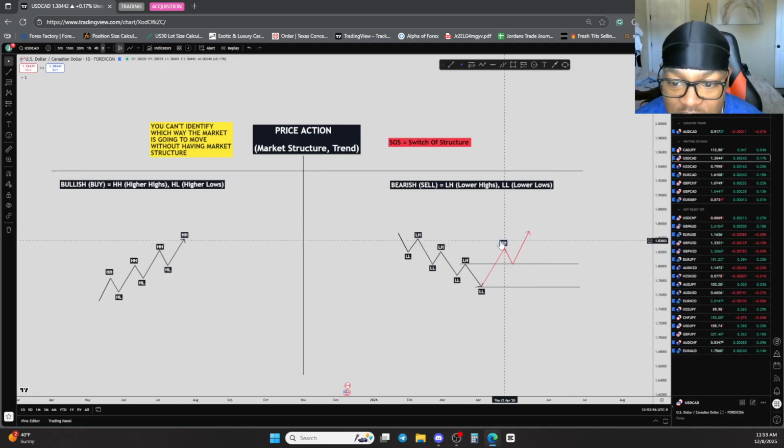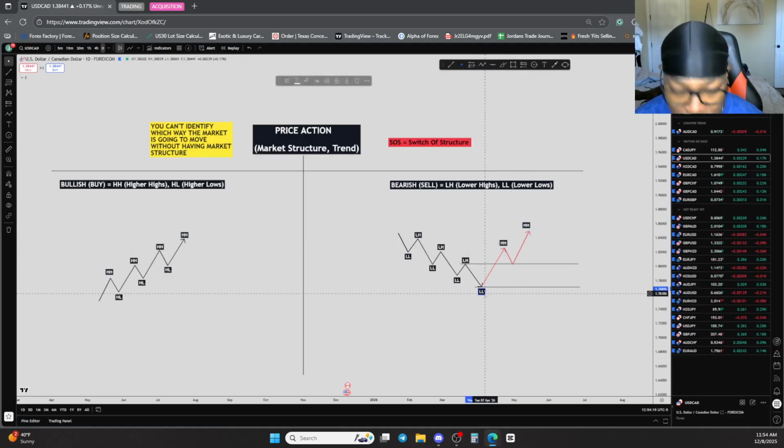Once price gave us this break of structure, we know that now we have a new higher high in the market, but in order to have a higher high, we must have that higher low. So where would be the last previous low point that presented us with this break of structure? It will be here. So now we have what?